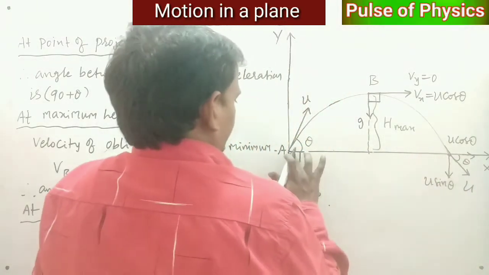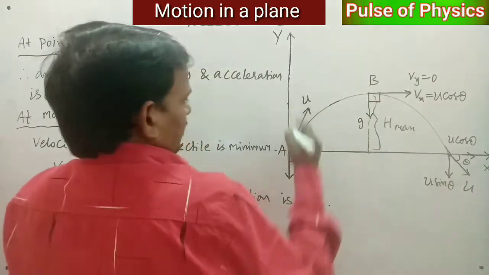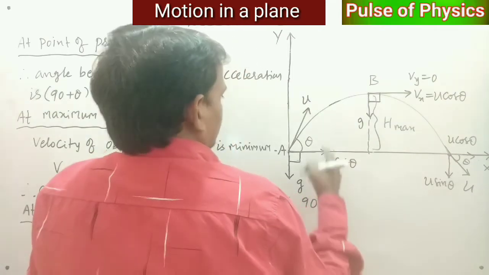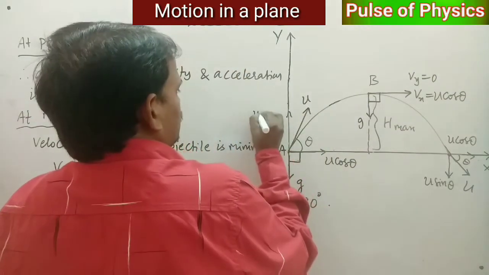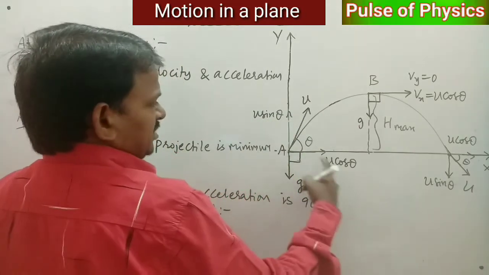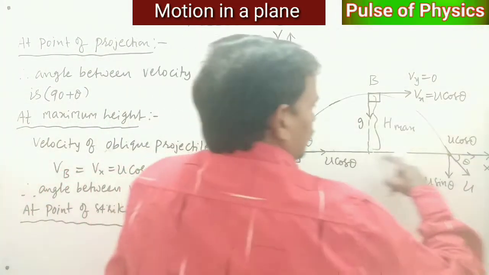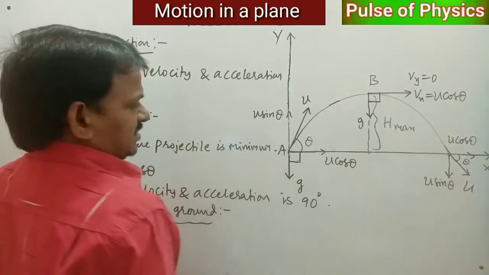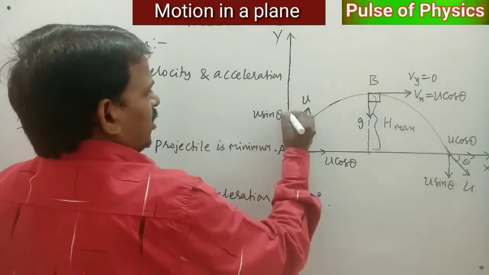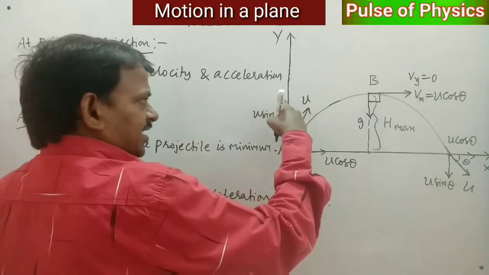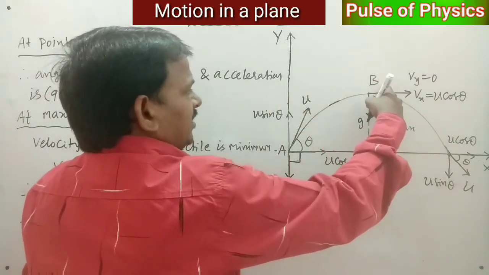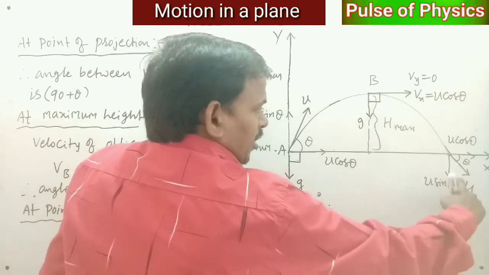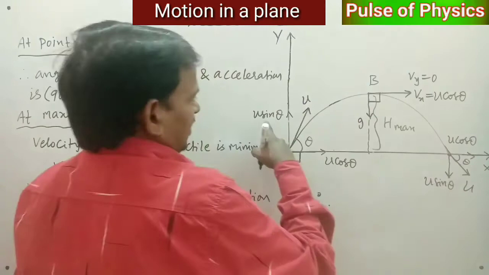Throughout the journey, u cos theta stays constant. U sin theta at the point of projection is vertically upward, at maximum height it becomes 0, and at the point of striking the ground it is vertically downwards.